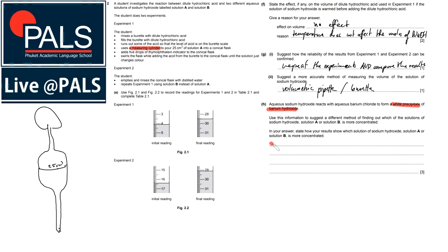So we use, for example, 25 centimeter cube of solution A and B. Then we add excess, very important, solution.